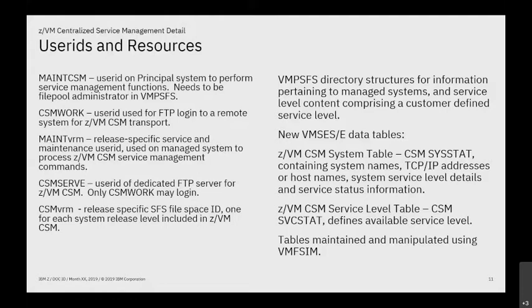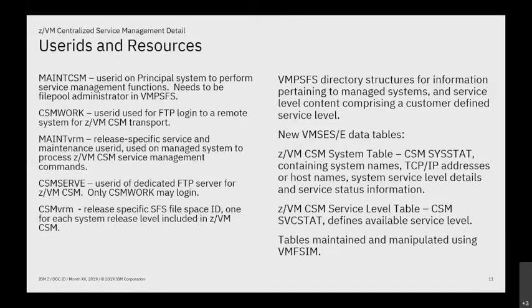The VMPSFS file pool, the file pool that would be a common system file pool in an SSI environment, but does exist on non-SSI systems. That file pool is the one that will be used to hold basically all of the information that's maintained by the CSM process.